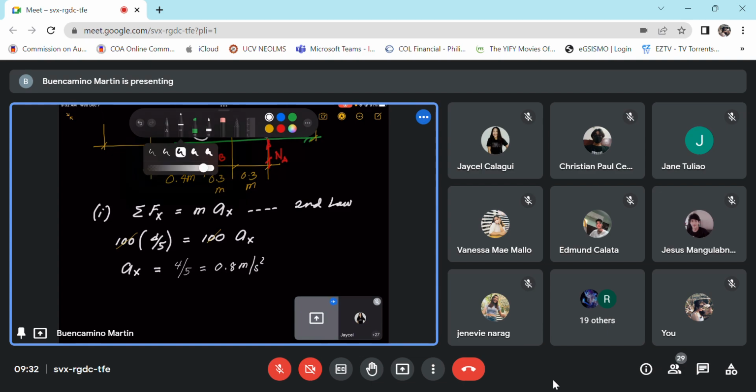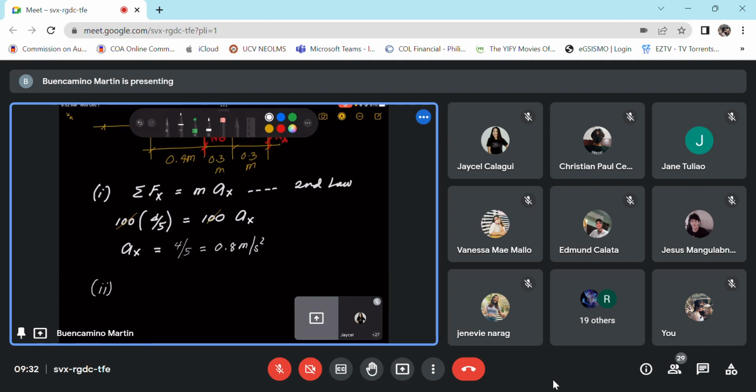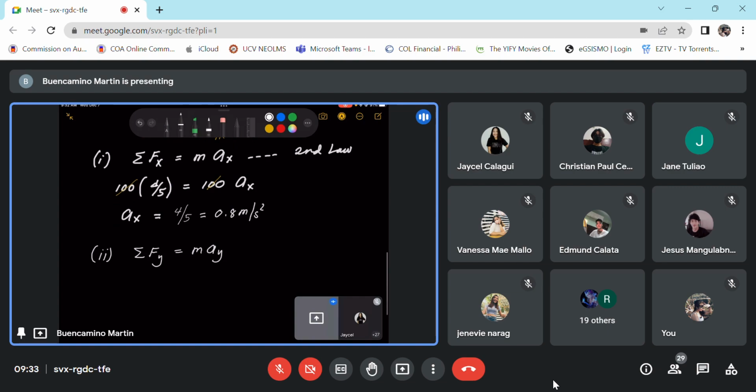Now, for the second part of our solution, we are going also to sum the forces acting along y, and that would be mass times acceleration along y. Yung acceleration along y is a component acceleration also applied at the center of gravity.